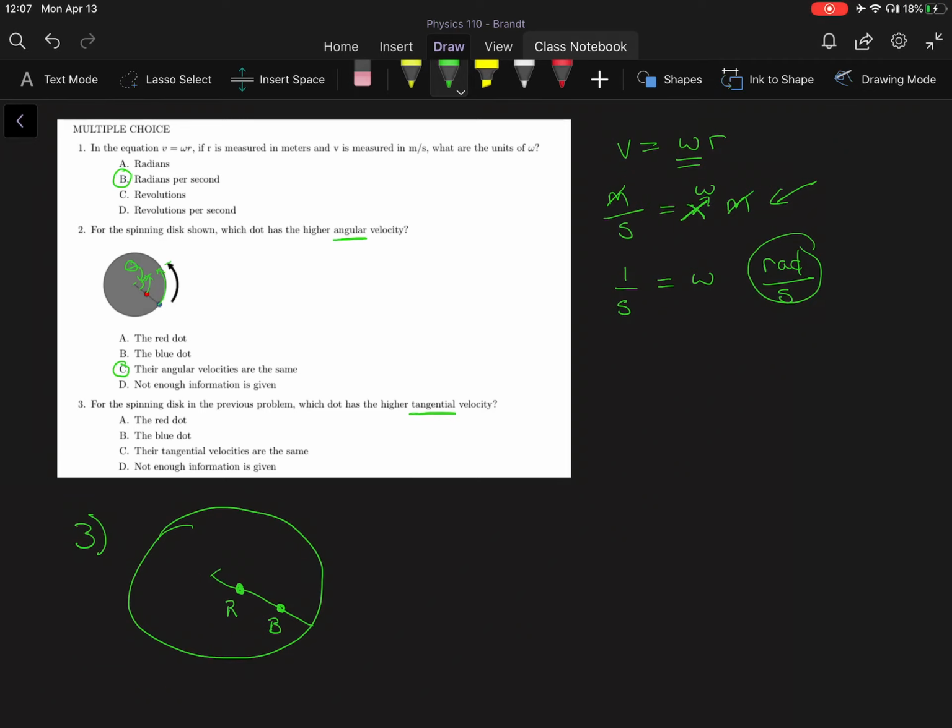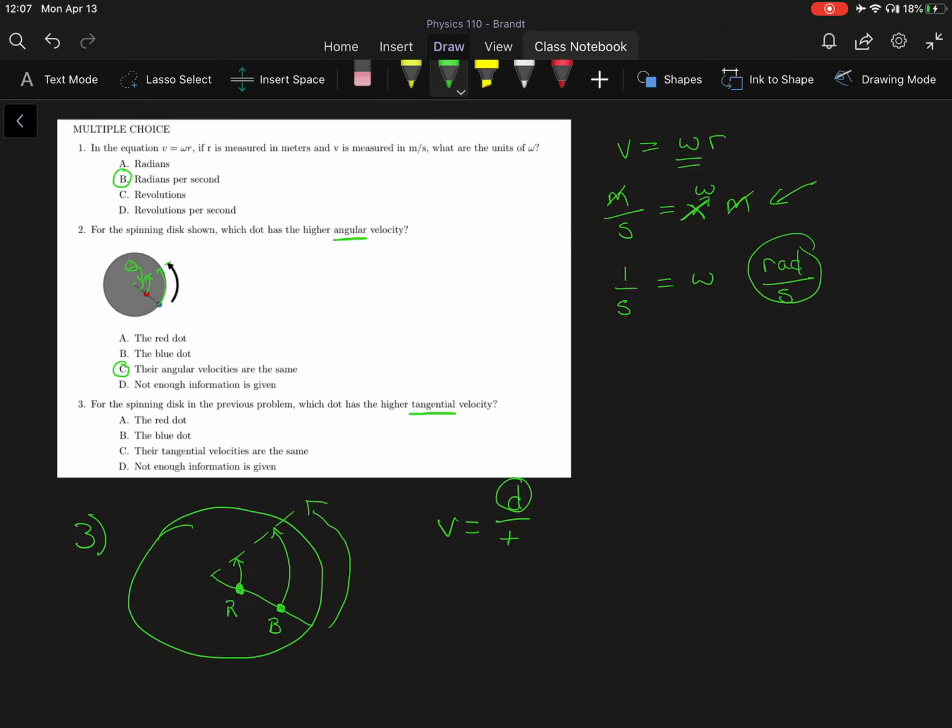So if we do the same thing, we're going to look at the distance now, because velocity is distance over time, right? That distance. So the blue is going to go this far and the red is going to go this far.